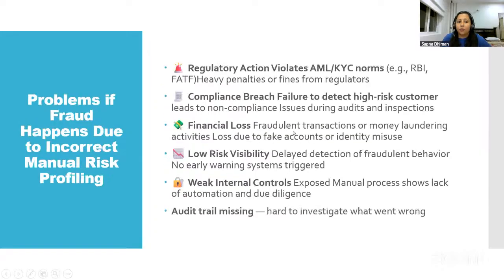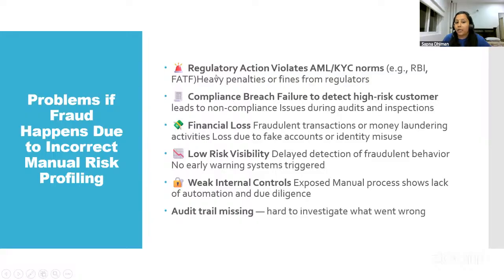So what problems can occur if we do this type of thing manually? Suppose we mistakenly put a politically exposed person as low risk or medium risk instead of high risk. What will be the outcome?